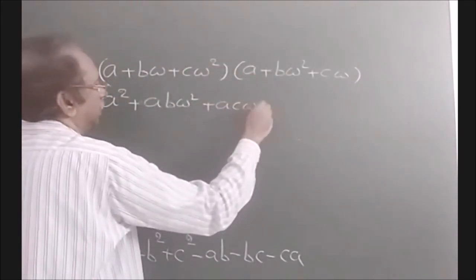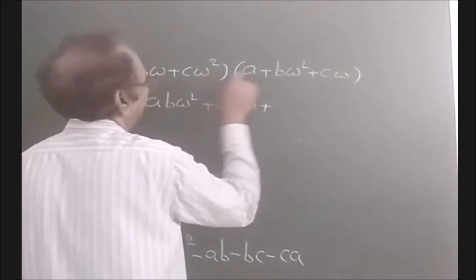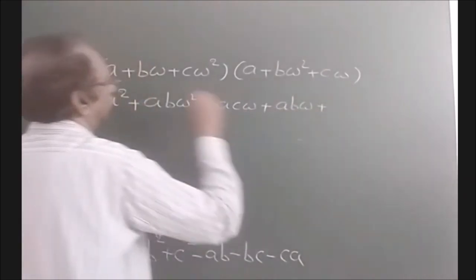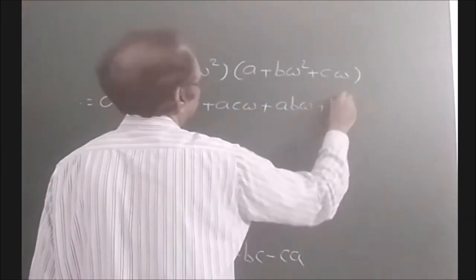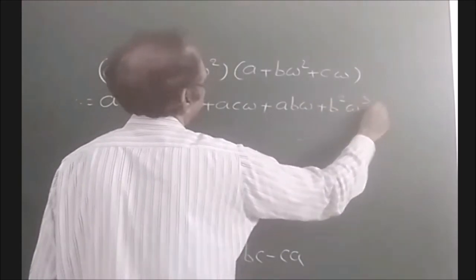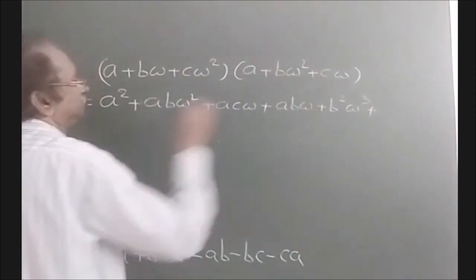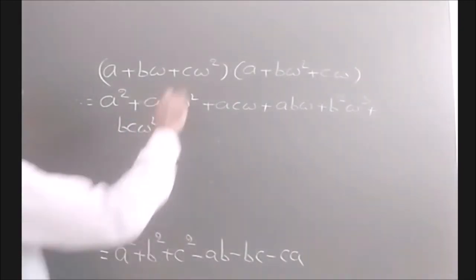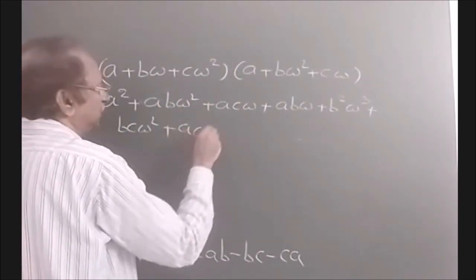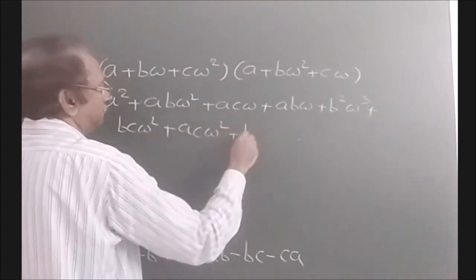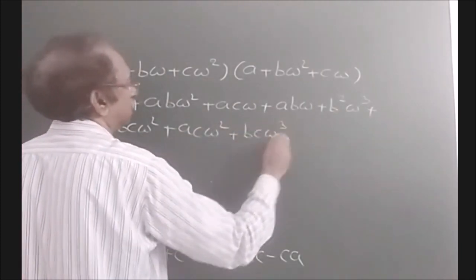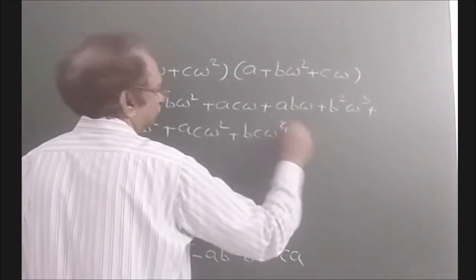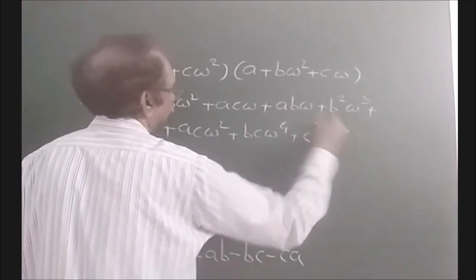AC omega plus AB omega plus B square omega cube plus BC omega square plus CA or AC omega square plus BC omega cube. Sorry, omega power 4, plus C square omega cube.